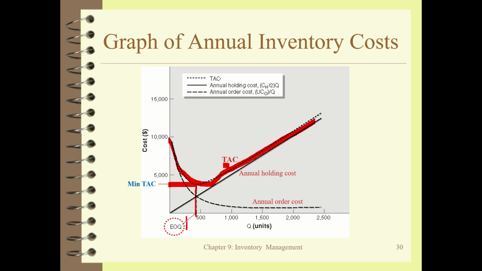That point we call EOQ, economic order quantity, meaning that if you order exactly the EOQ amount, your total annual cost for inventory will be minimum, right?